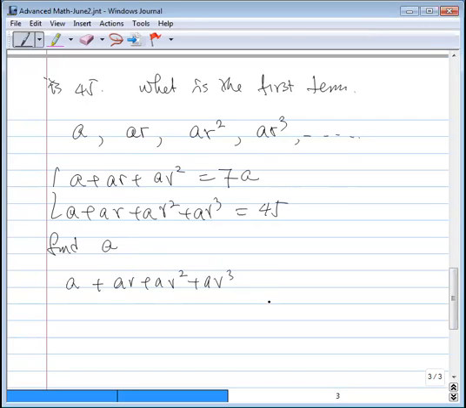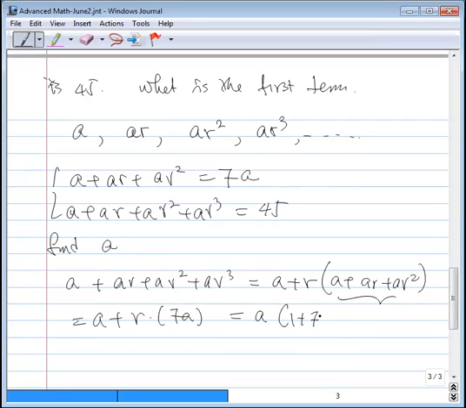Okay, so you can take R out, for example. And this part we already know is 7A. So it can be 7A times 1 plus 7R.